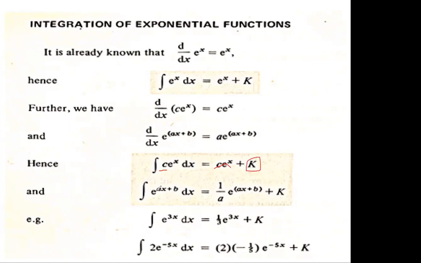Now, what about if you have a whole function in the power? You have ax plus b. By the way, this formula works only if there's a linear function in that power. If there is a quadratic, a non-linear function up there, this formula does not work.